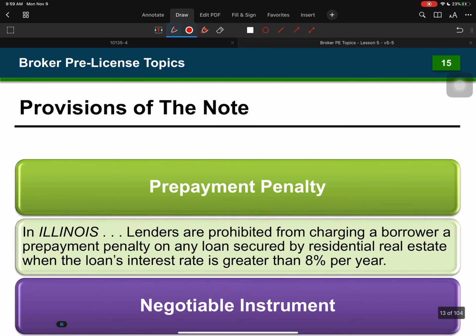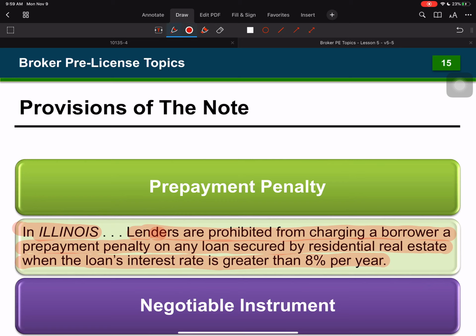Provision of the note. Sometimes there's something called prepayment penalties. A prepayment penalty is a penalty for paying off the loan early. But in Illinois, lenders are prohibited from charging a borrower a prepayment penalty on any loan secured by residential real estate when the loan interest rate is greater than 8% per year.